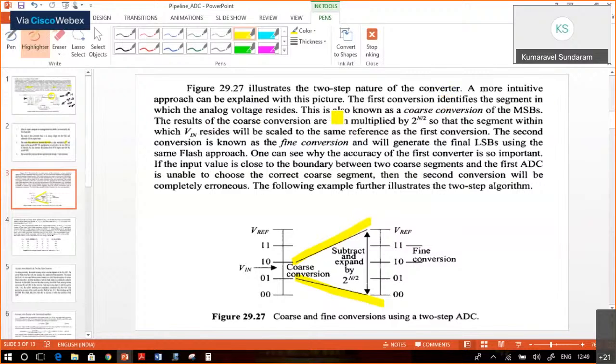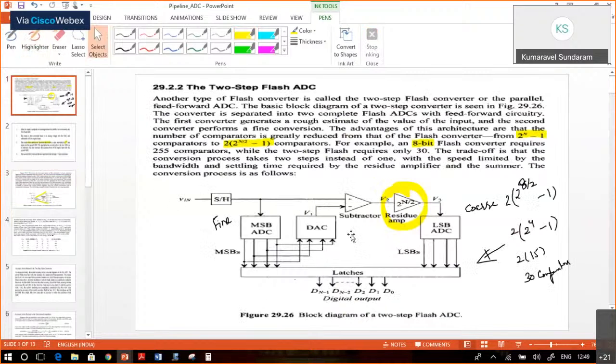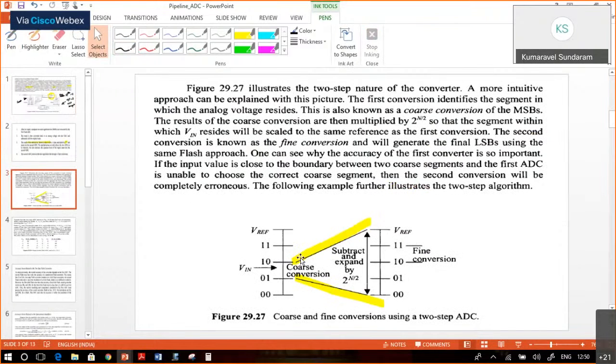I'm sorry, I have written over here. This is coarse, and this is fine. First the coarse conversion gives the MSB, which is then subtracted and multiplied by 2 power n by 2, and then the final resolution happens. This is also called a two-step algorithmic flash ADC.